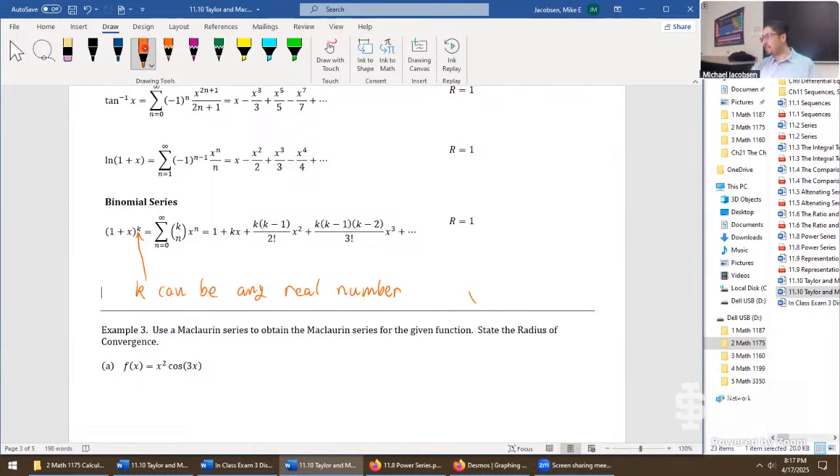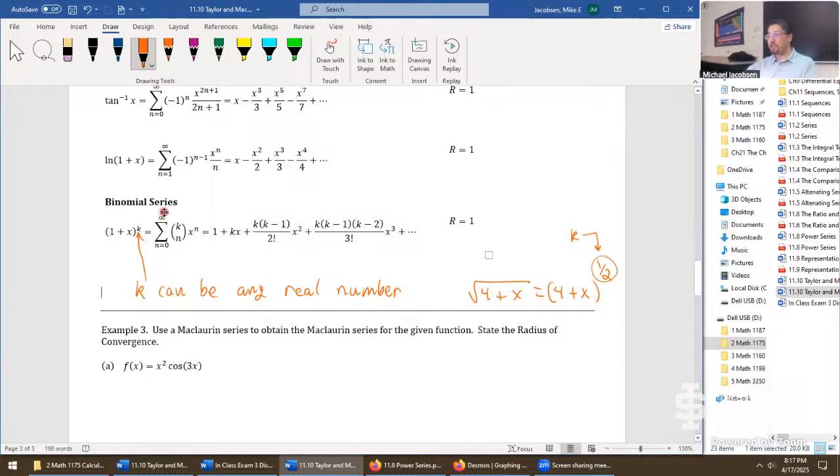So when we're looking into, say, something like square root of 4 plus x, we could re-express this as 4 plus x to the power of 1/2, and that's the k value. So this tells us the binomial series is in fact going to allow us to see how to expand a square root across addition like this.